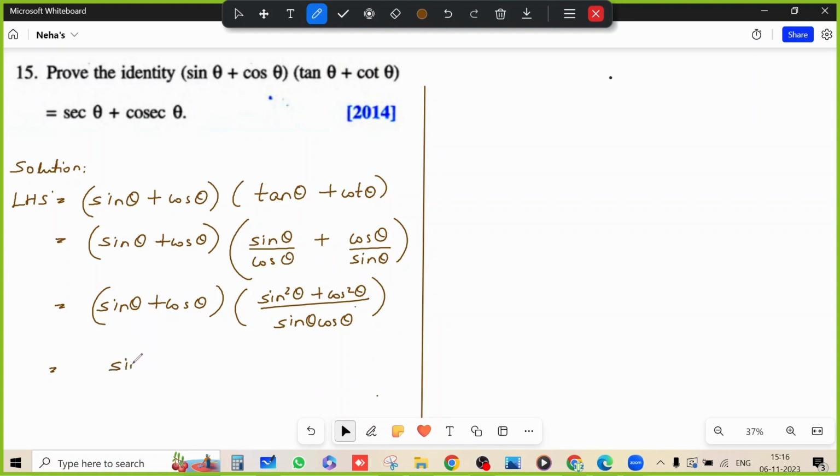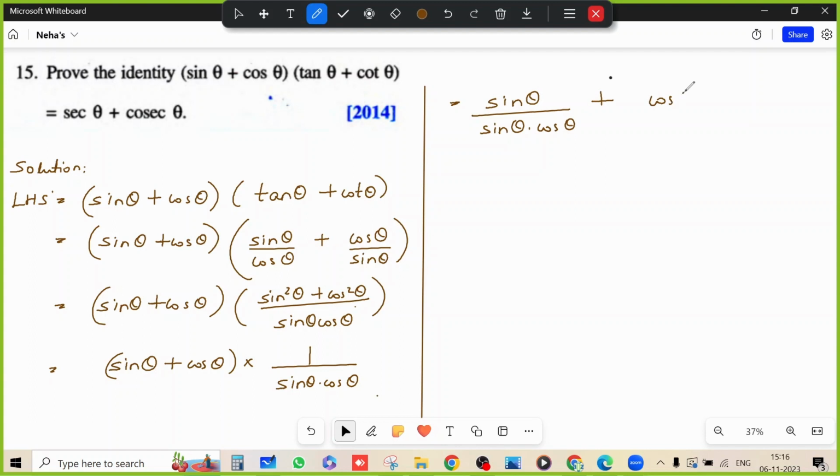So we are left with sin theta plus cos theta multiplied by 1 by sin theta into cos theta. Now we will divide the numerators individually by the denominator. So this can be written as sin theta divided by sin theta cos theta plus cos theta divided by sin theta cos theta.